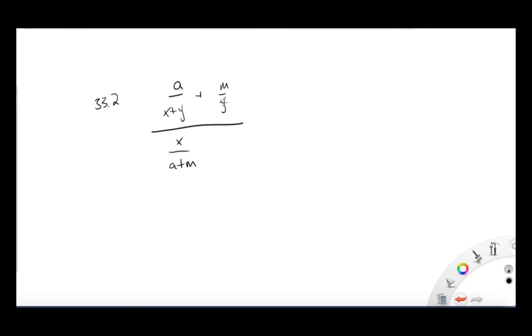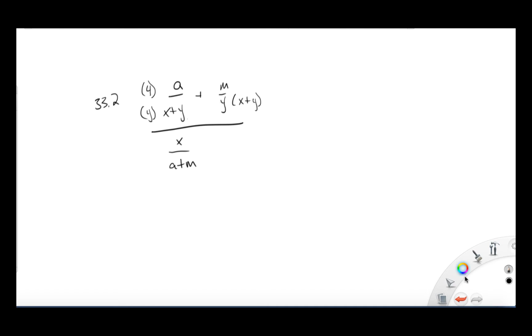So you notice that we have a y, x plus y, and so we need to multiply by this y, okay? So we're going to multiply this section, a over x plus y, by the y, on both top and bottom, because the y is already here, but because this only has y, we need to multiply this by x plus y.